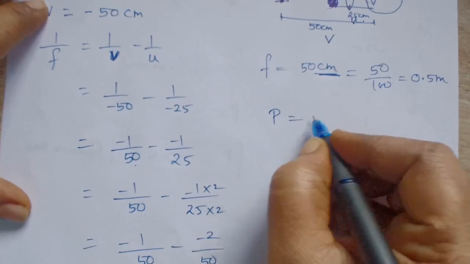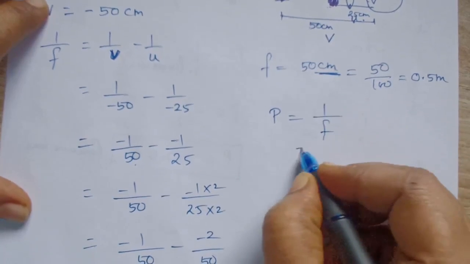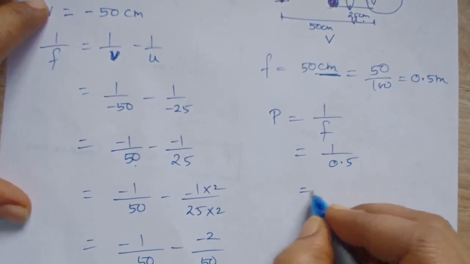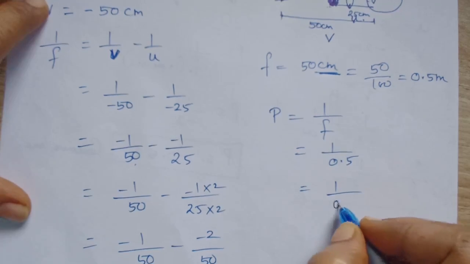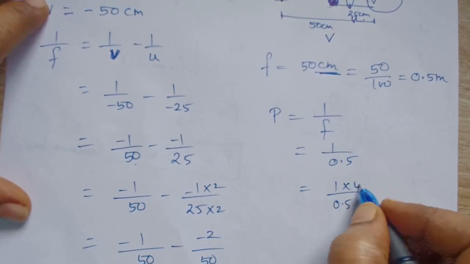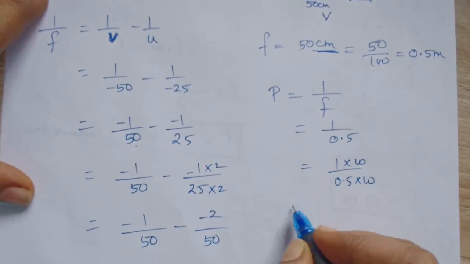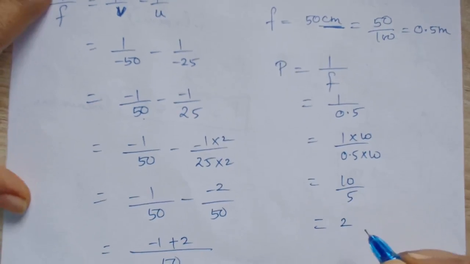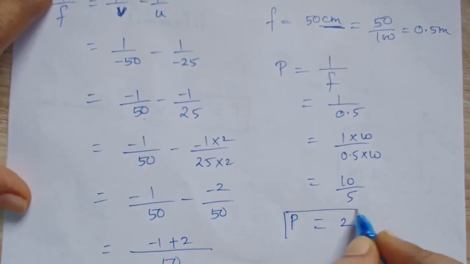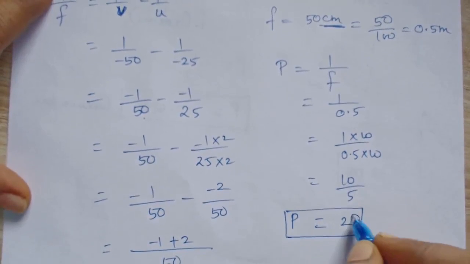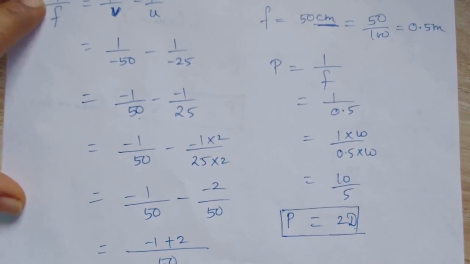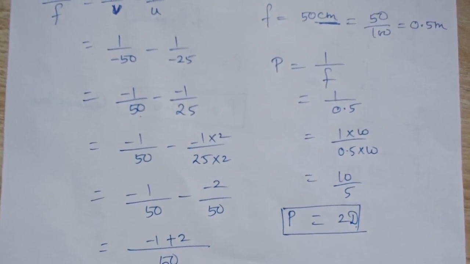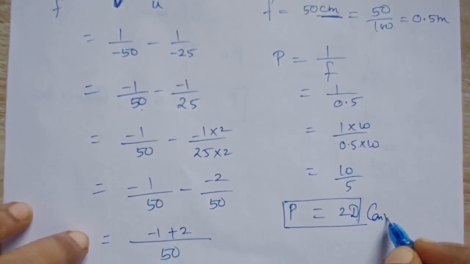So therefore power equals 1 by f, that is 1 by 0.5. Multiplying both the denominator and numerator by 10 becomes 10 by 5, which equals 2. So P equals positive 2 D. That means he needs a convex lens of power 2 diopters.